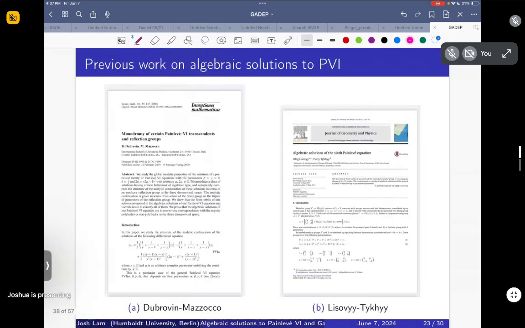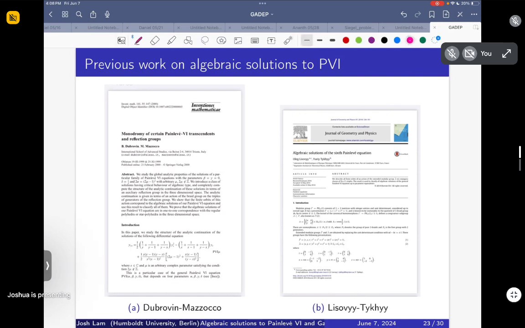Okay, so as I say, this is this beautiful work of Lisovyy and Tykhyy, where they classify all algebraic solutions to Painlevé VI. There's this previous work of Dubrovin and Mazzocco, almost 10 years earlier, where they classify the solutions, but with some conditions.